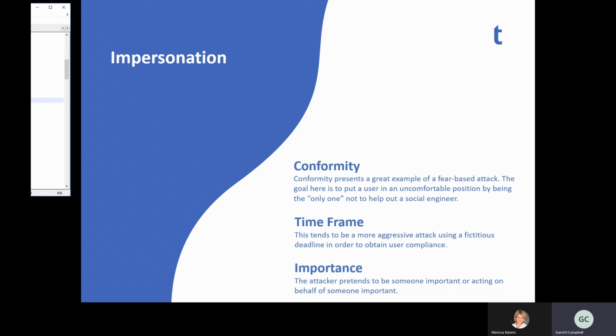Another one is the time frame technique, and basically, it's a more aggressive technique. The attack uses a fictitious deadline in order to obtain user compliance from a help desk operator. An example of this technique would be an attacker impersonating a legitimate user from the accounting division.